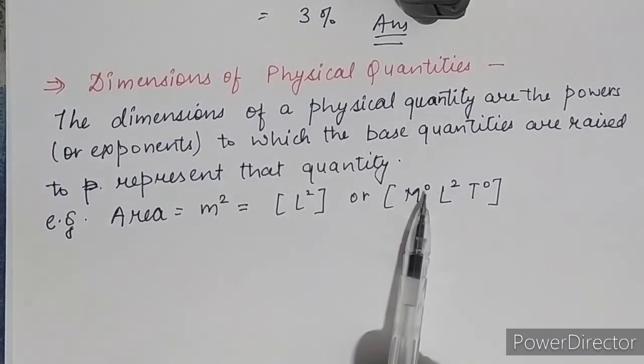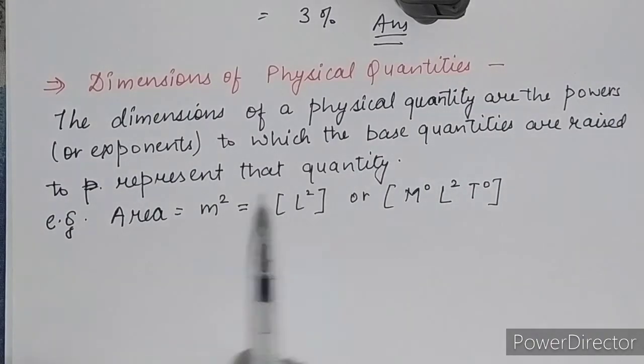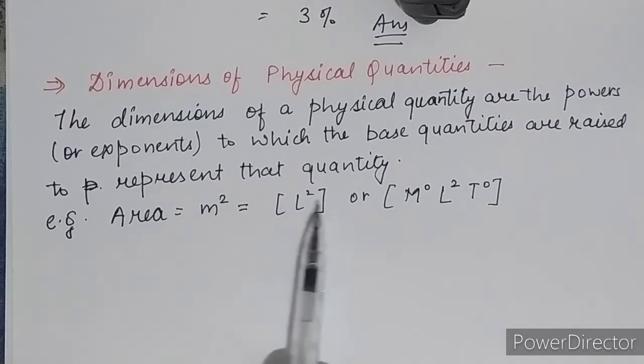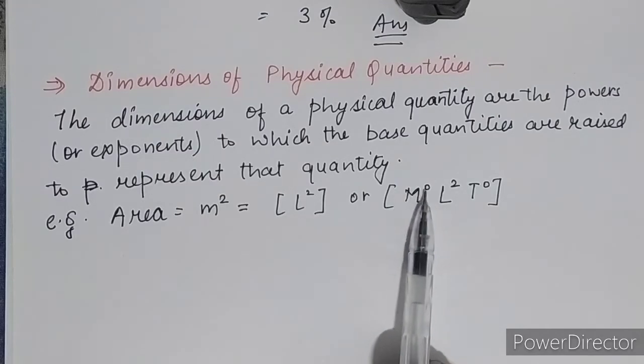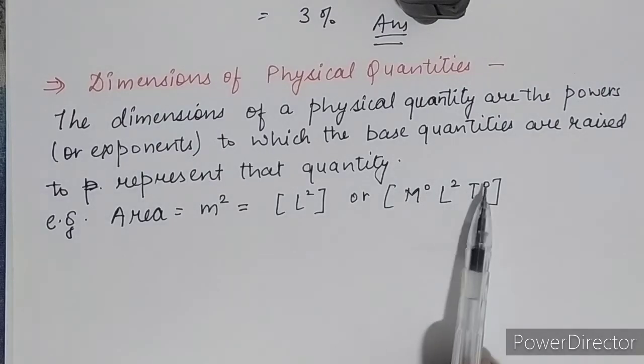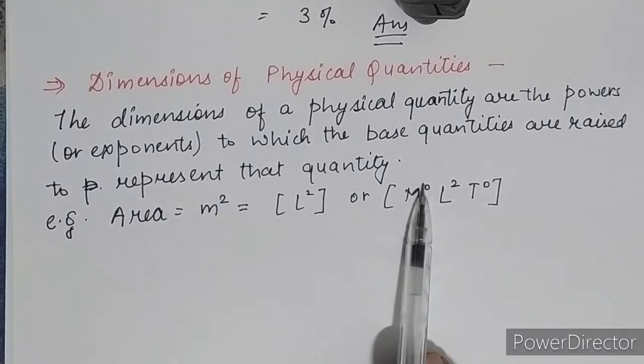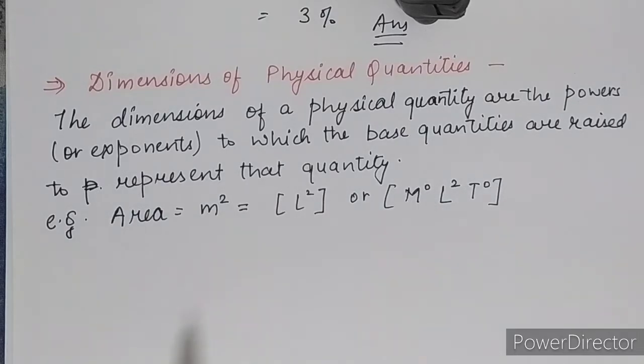If you don't write any power, suppose mass and time have no power written, and you just write M and T without putting 0, it means it has the power of 1. So always remember, if a quantity is not in use, write 0 as its power. If you haven't written the power, it means it has the power of 1. Clear? All these things we have to form like this only.